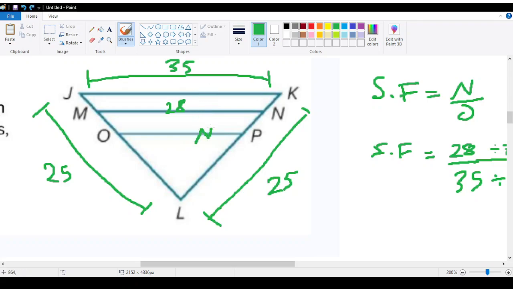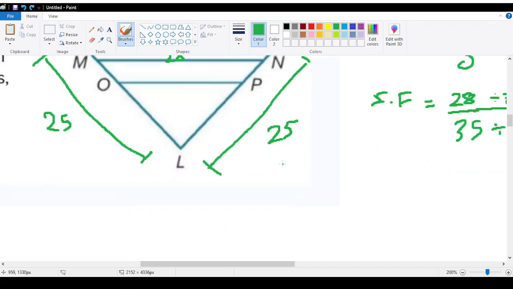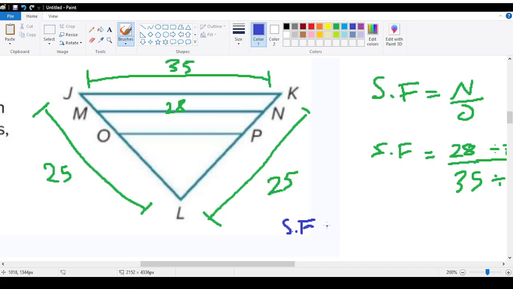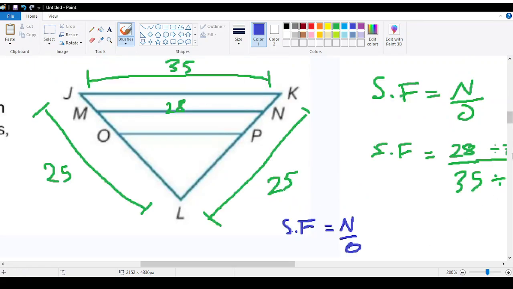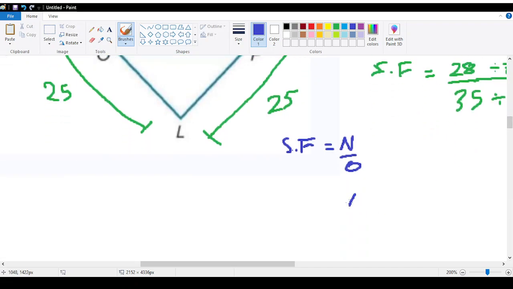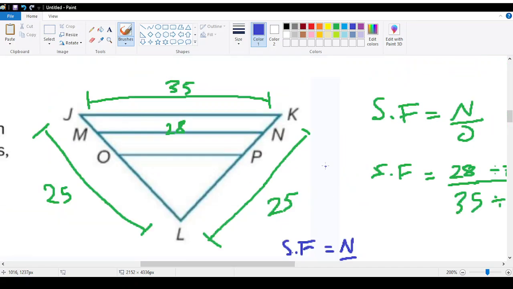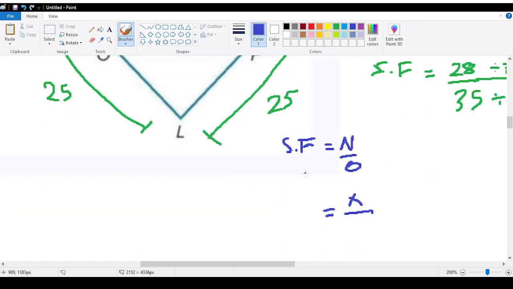Now I'm going to rewrite the scale factor rule: scale factor equals N over O. Do we know what the new is? No, so we put X. And do we know the old? Old is 28. Great.